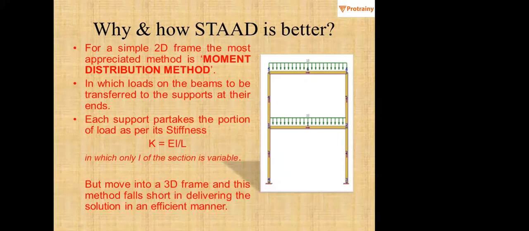Second, you are going to get conservative answers, because without using the finite element method, you cannot analyze a 3D frame. But if you are trying to do that, it's better to be on the conservative side. So whenever you use the moment distribution method on a 3D frame, you end up with conservative answers.